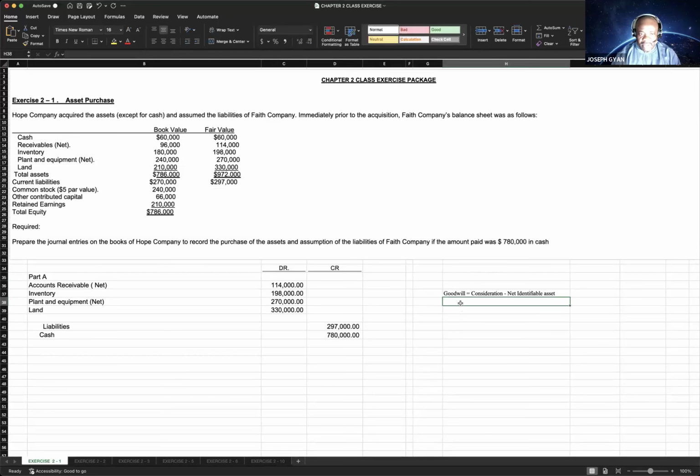Okay, so let's look at this. Therefore, the goodwill is equal to the consideration, which is 780, minus the net identifiable asset, which is adding all these three here and subtracting the liabilities.